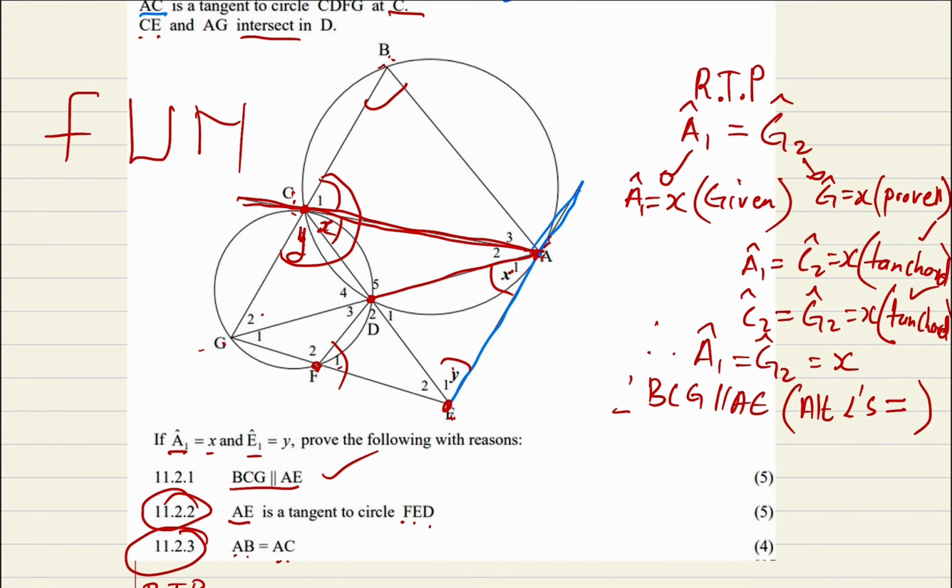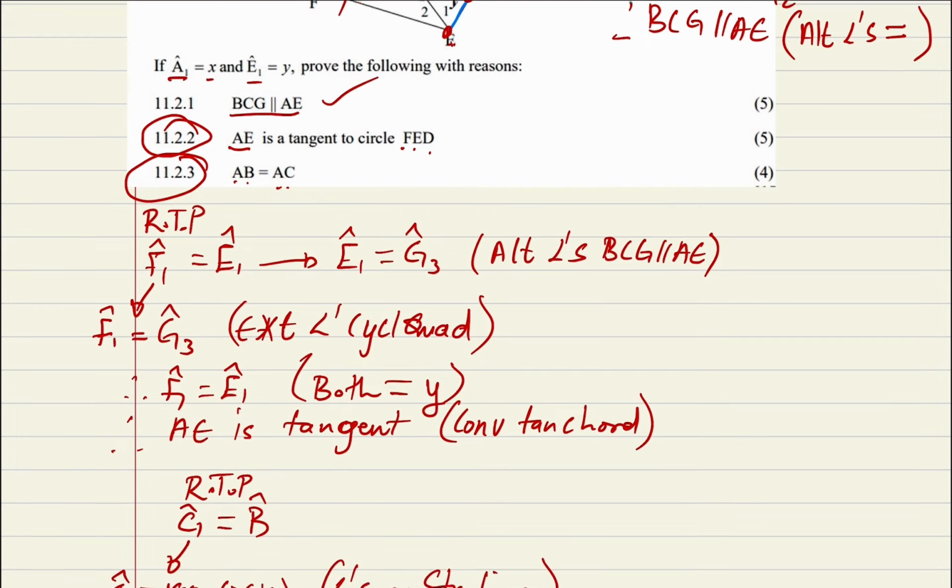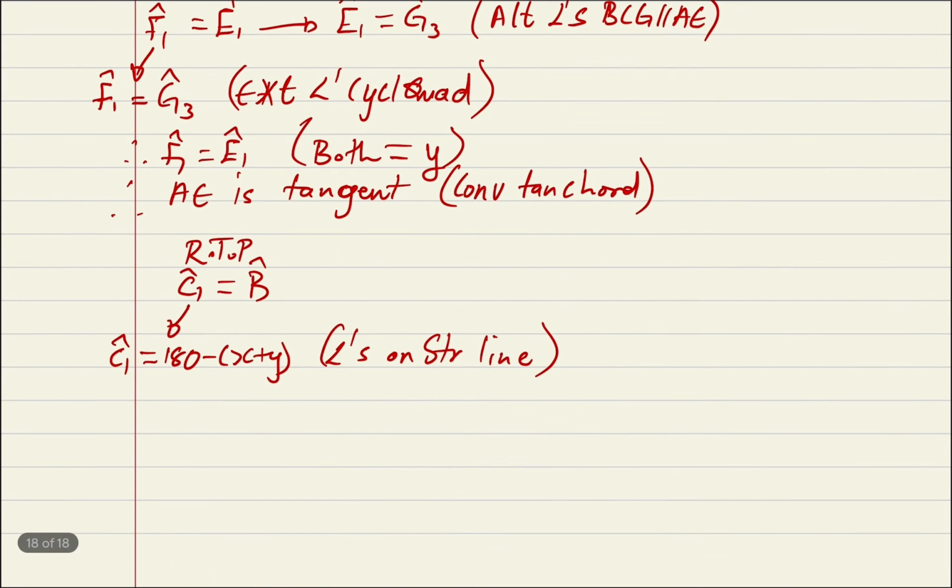Now let's check that one. Oh look, I have X, I have Y. If I add and find this one, angle D1 is equal to 180 minus (X plus Y). Why?